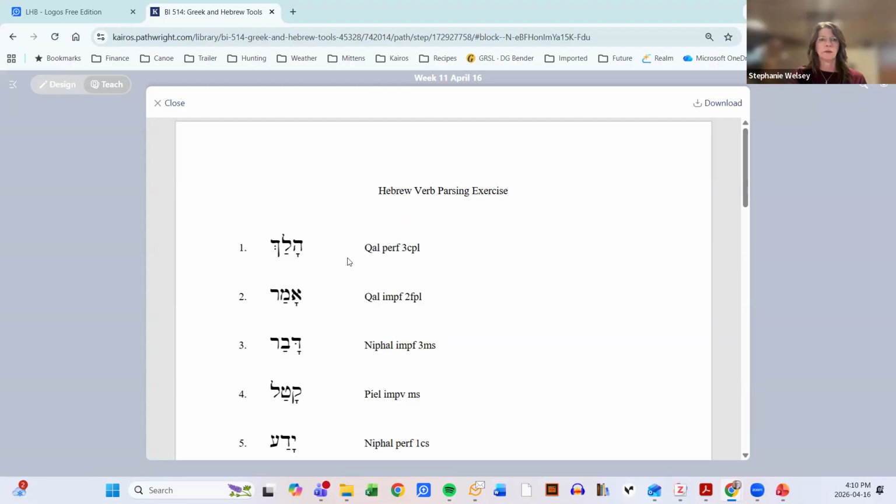To walk. Okay. So if we're going to go in qal stem, what kind of action are we talking about? Basic active. Yep. Simple active. Okay. And it's perfect.